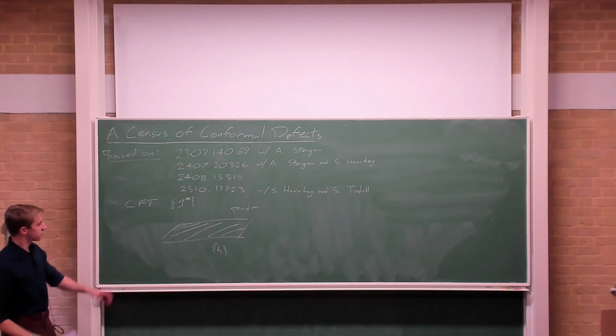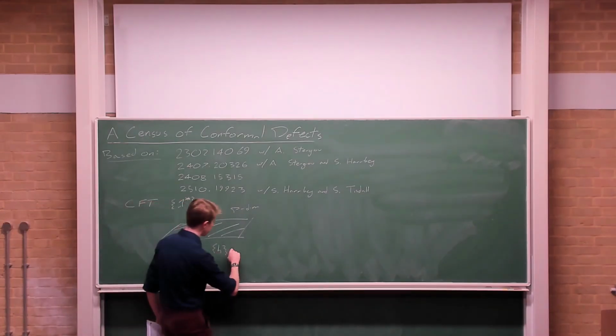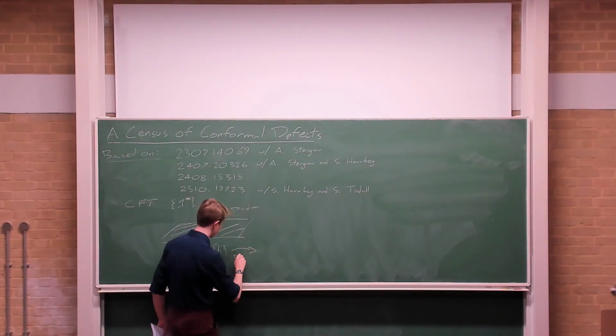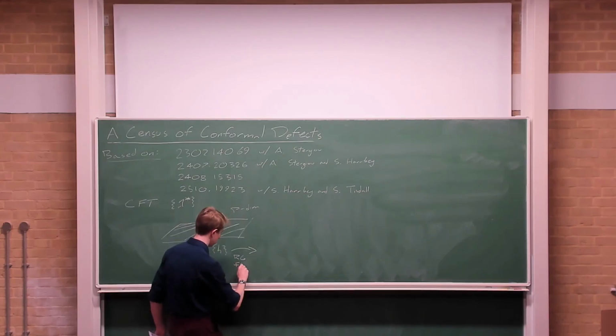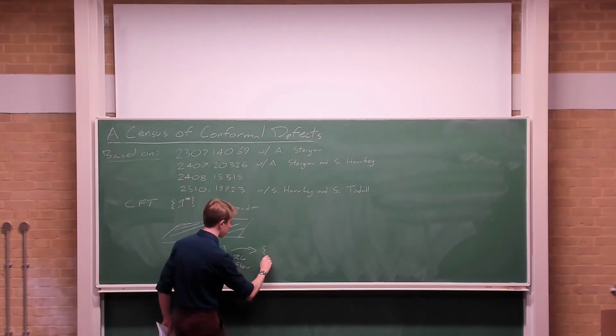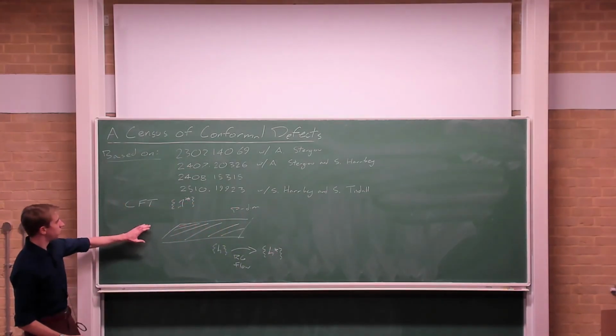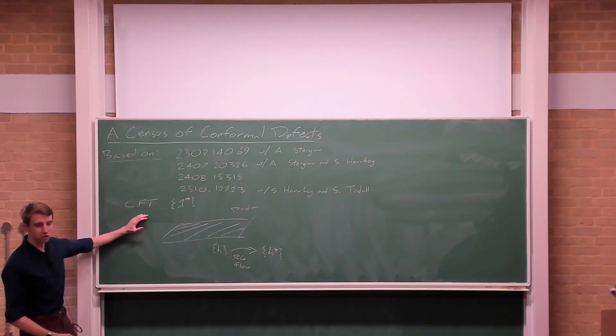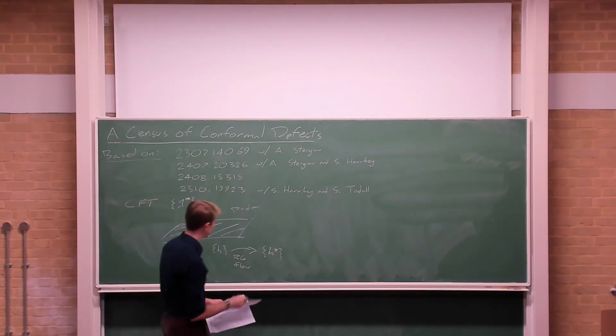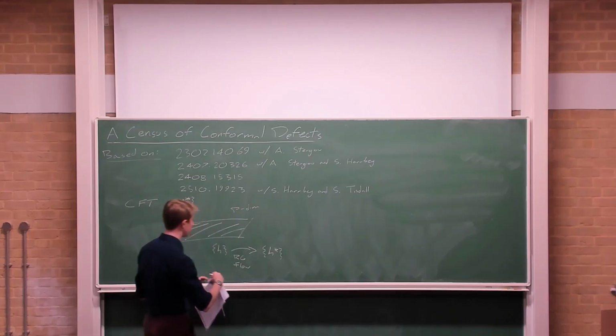And a conformal defect is constructed by allowing these couplings to undergo an RG flow towards the IR, where they will reach their own fixed point, h star, at which point the setup will be conformally invariant, not under the full d-dimensional conformal group, but instead under a p-dimensional conformal group.